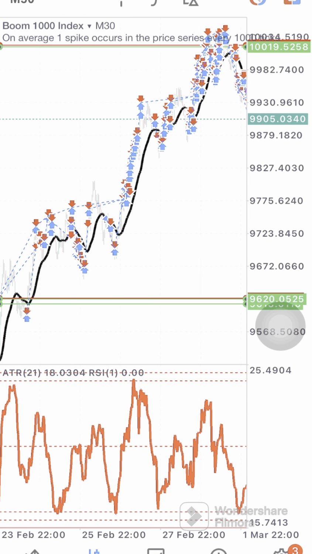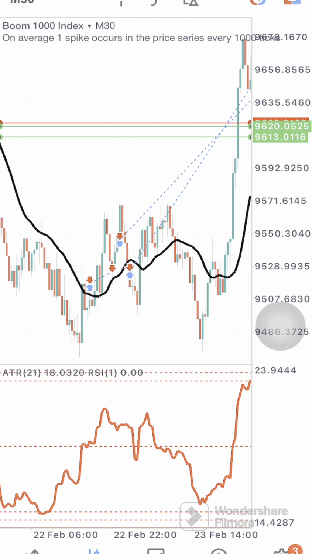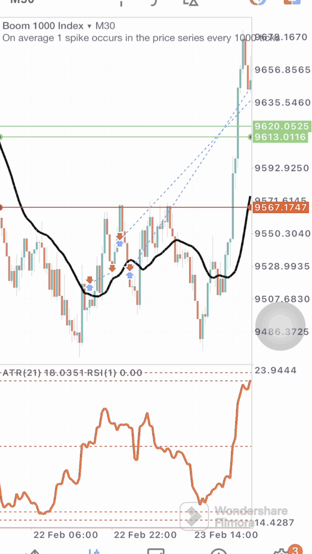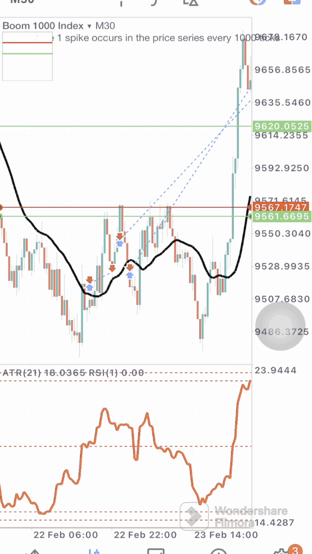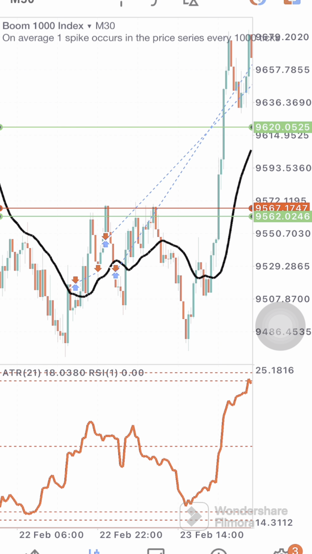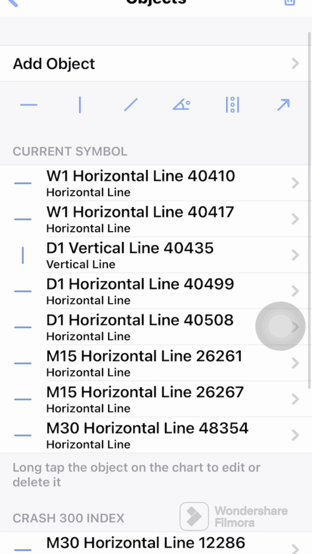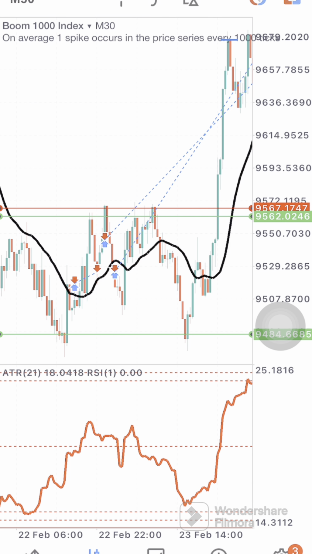A double top is simply, let me give you an instance. This is a double top. This is also a double top. And this is a double bottom. Let me get another horizontal line.